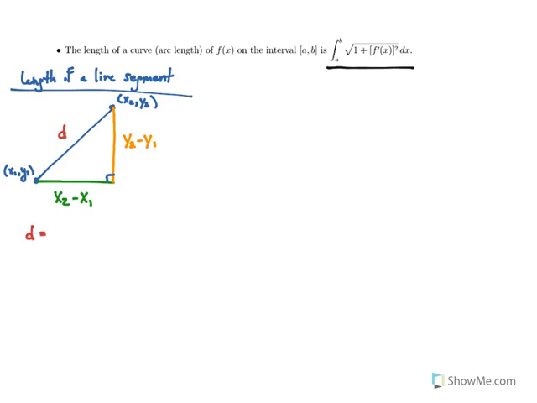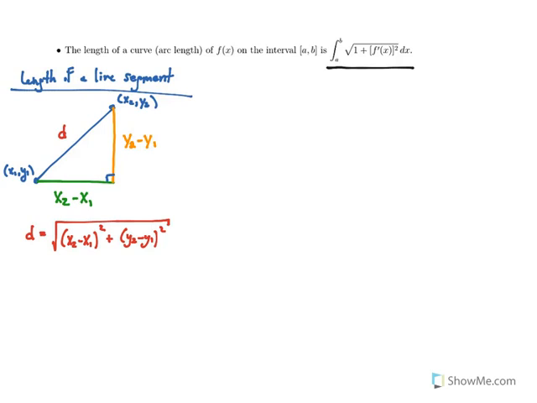The distance is going to be, using the Pythagorean Theorem, square root of (x2 minus x1) squared plus (y2 minus y1) squared, which is the distance formula which you may have seen in an Algebra 1 course or a pre-calc course. And this is the length of a line segment between 2 points.